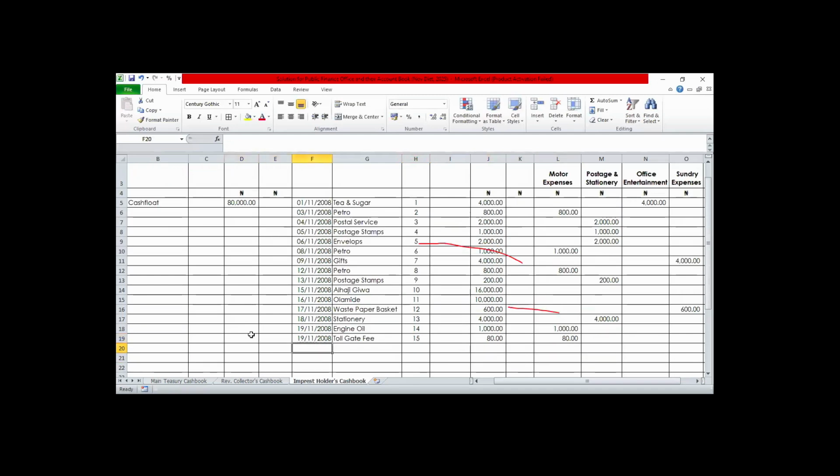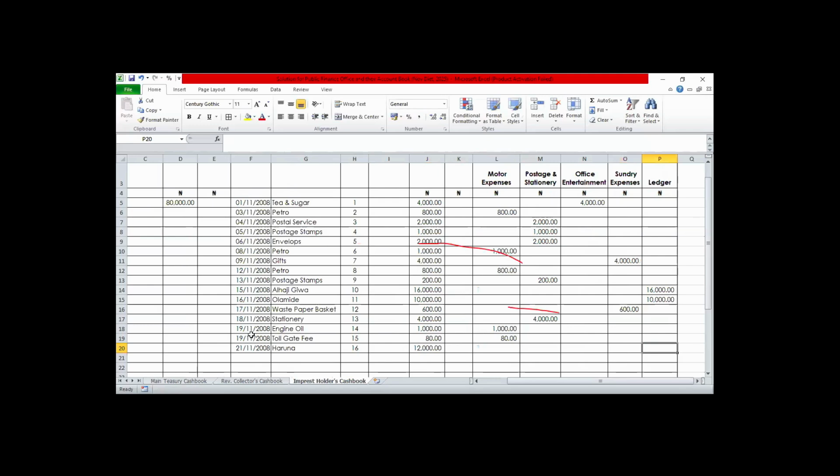The next one, November 21, Aruna, 12,000 naira, ledger account. How much? 12,000. Then we take it to ledger account. The next one, November 24, tea and sugar, 4,000.